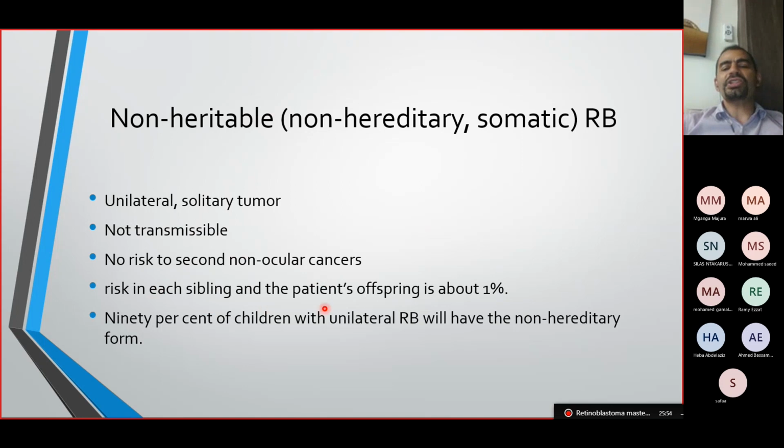The risk in each sibling is about 1%, so the risk is extremely low because it's not inherited and it's not in the germ line. Most of the patients with unilateral retinoblastoma will have the non-hereditary form. See, it's not inherited from the parents. Only 10 to 15% may have heritable retinoblastoma.